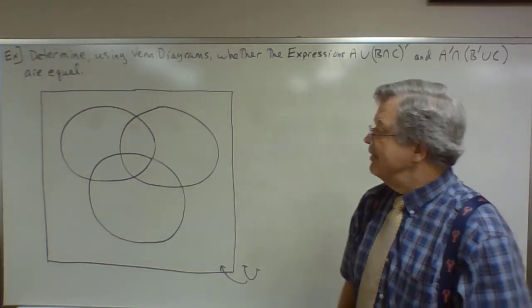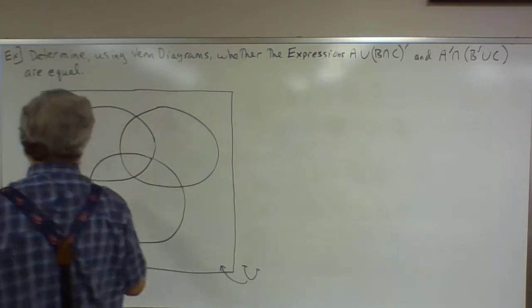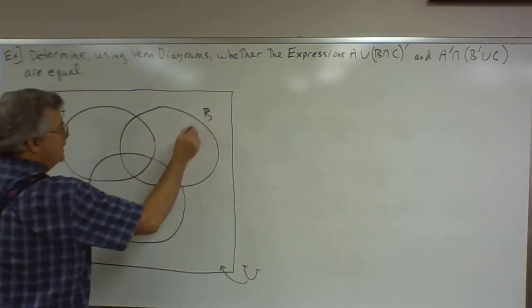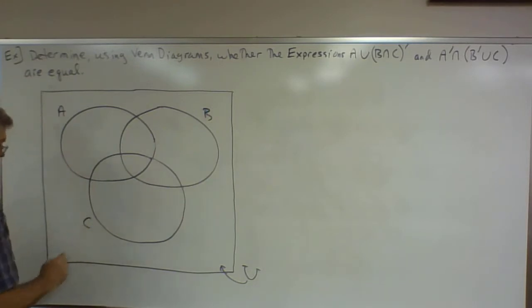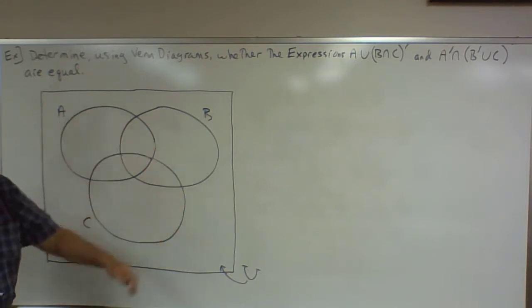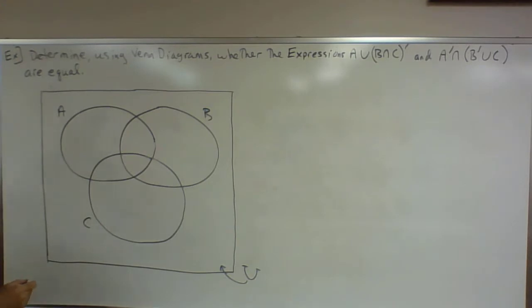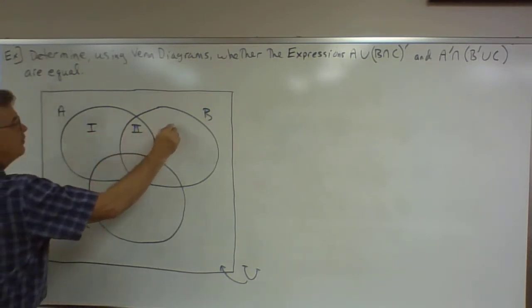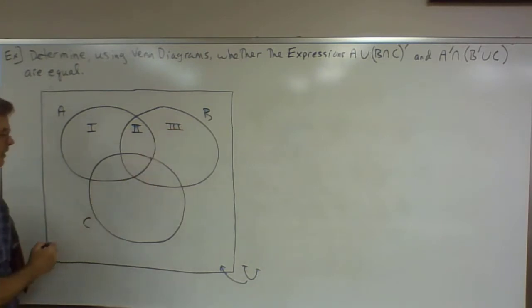We'll set up our Venn diagram, and this will be set A, set B, set C, and now we'll label the disjoint regions that comprise the entire universe. This is set 1, 2, 3.